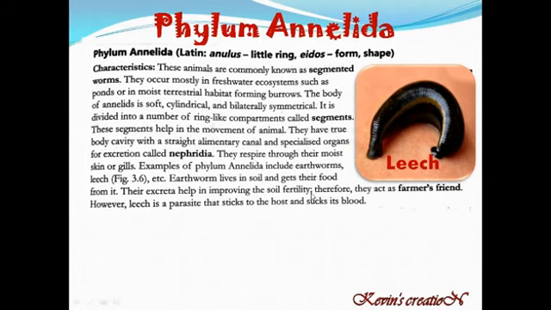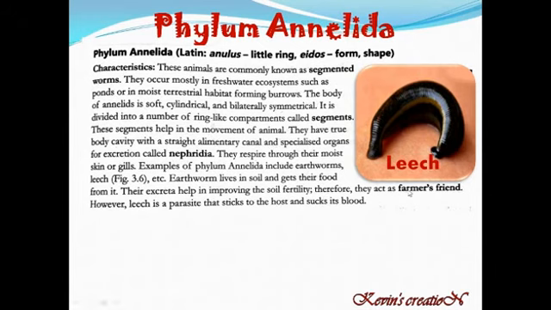Why are they called farmer's friend? Because they increase the fertility of the soil. How? Because of their waste. And also they loosen the mud, because they remove the mud from inside. And also their waste helps to improve the soil fertility.